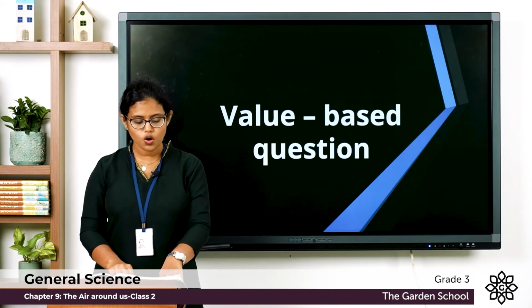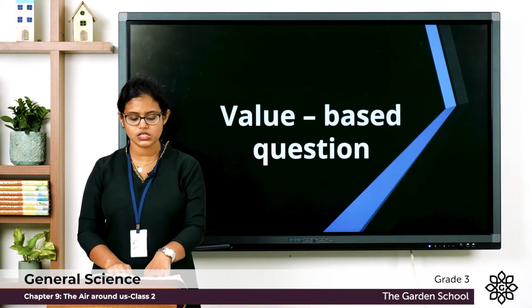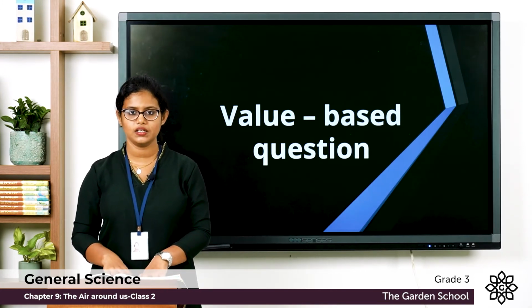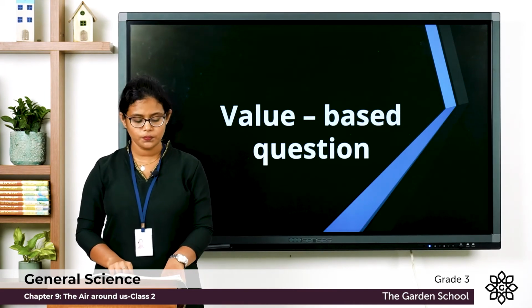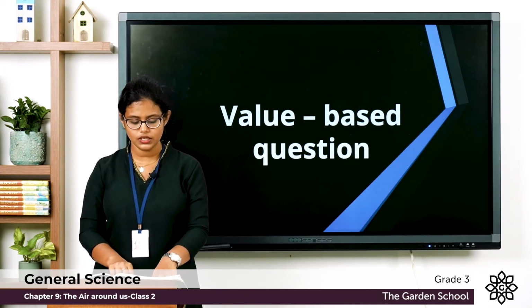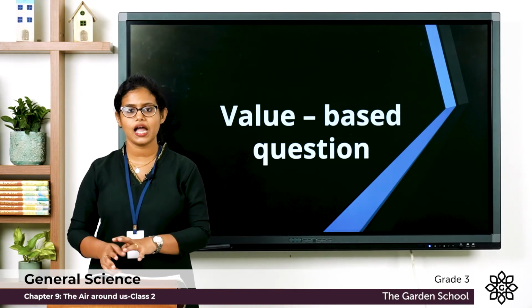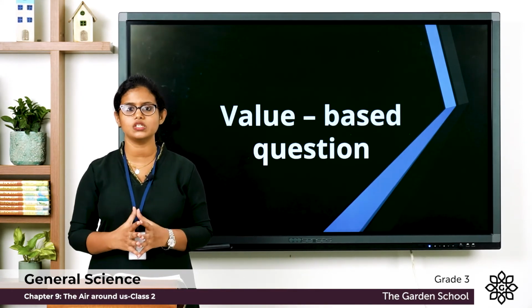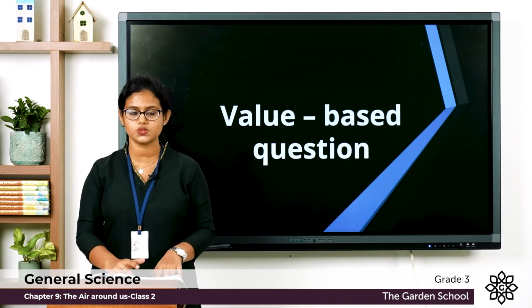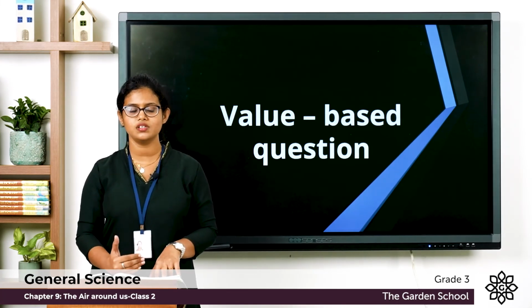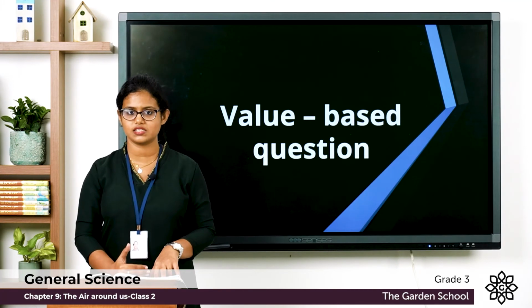Second one, what will you do if the person does it again? The third one, will you ask people in the area to help prevent such a careless act? So just think over this question. You can read this once more, think over the question and write the answer.